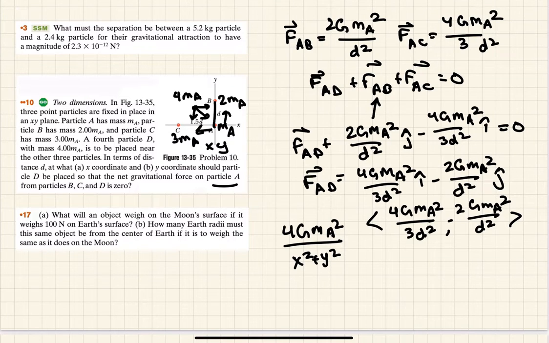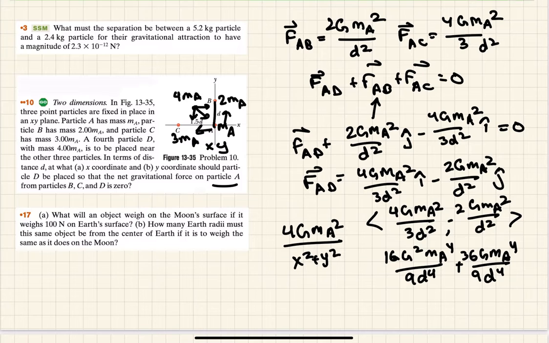If you were to use the Pythagorean theorem and add them together, this becomes 16g squared ma to the power 4 over 9d to the power 4, plus 4g ma to the power 4 over just d to the power 4. So if you multiply top and bottom of this by 9, you're going to get 36 here, and you're just going to get 9 here.